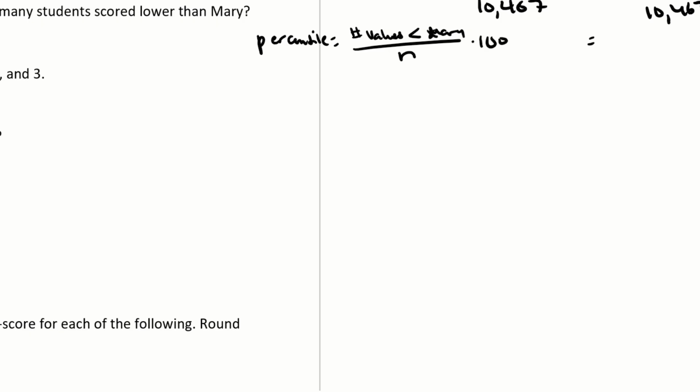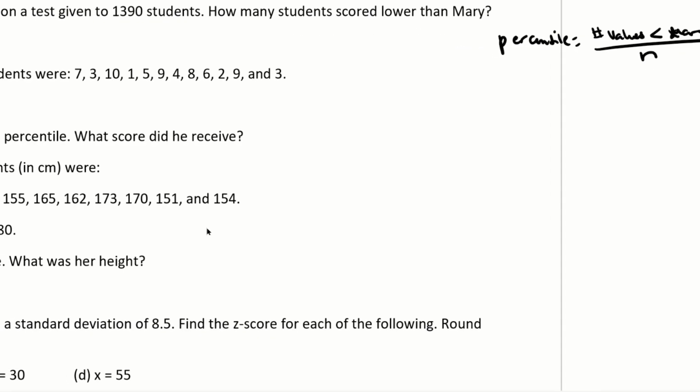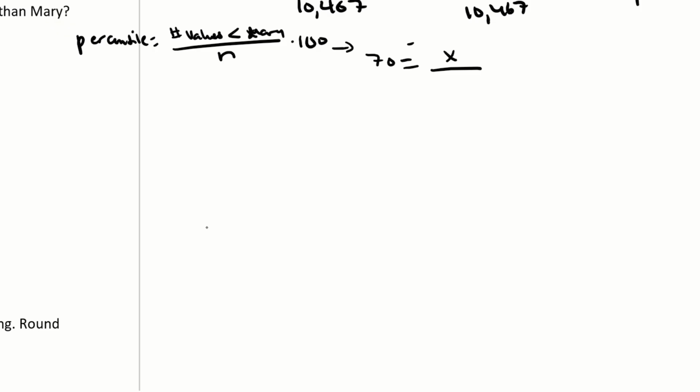Okay. Now they told us the percentile is the 70th, right? So we're going to put 70 equals, and then we have the number of students less than Mary. We are going to call that x, because we don't know what that is, divided by the total number of students, which is 1,390, times 100. Basically, we're going to divide by 100 and convert that 70 into a decimal.